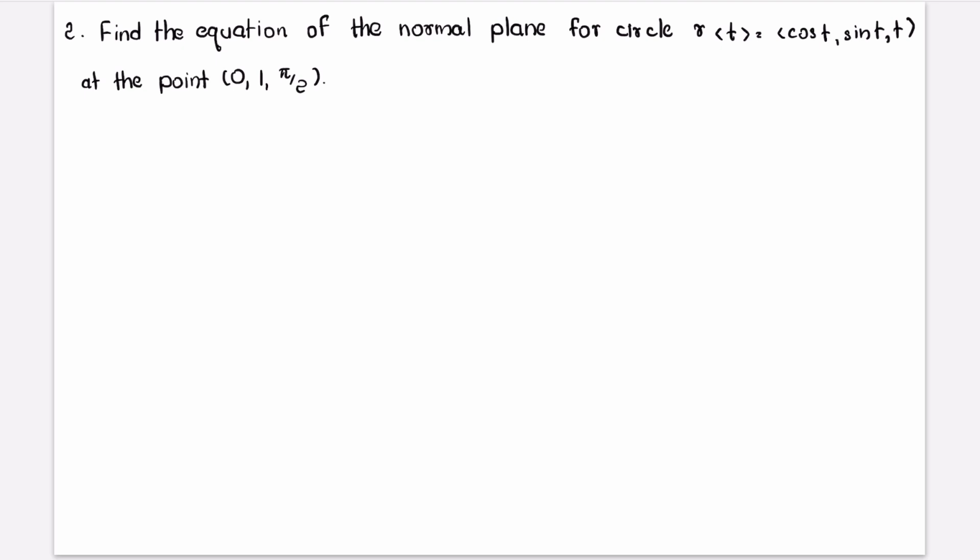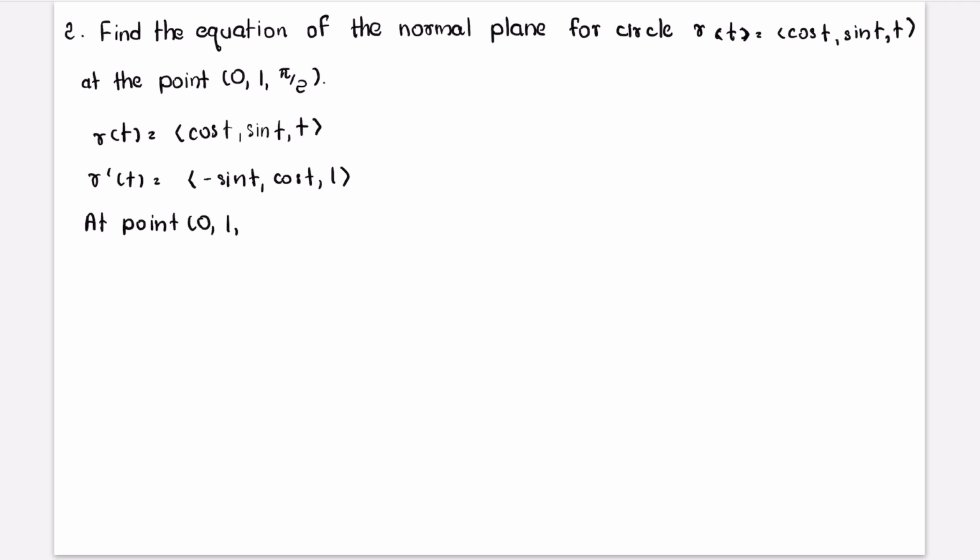So to find that, r(t) is, so we need to differentiate r. So minus sin t, cos t and 1. So at the point 0, 1 and pi minus 2.